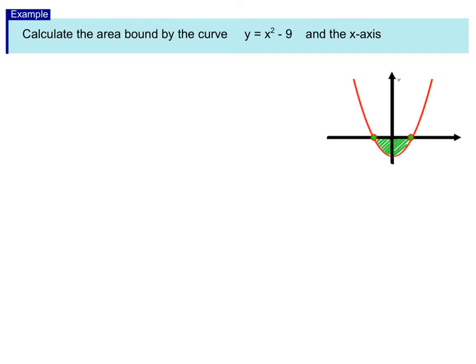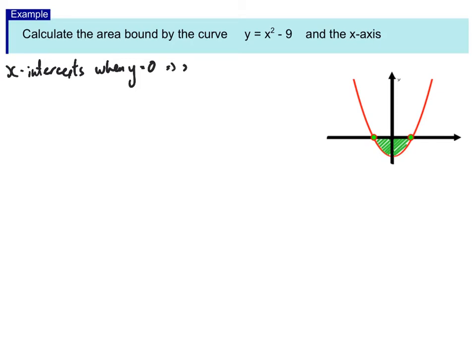So the first thing we need to do is figure out what our limits are going to be. So these 2 points here where it crosses the x-axis. So our x-intercepts, because there's 2 of them, what we call roots of a quadratic, that is going to be when y equals 0.